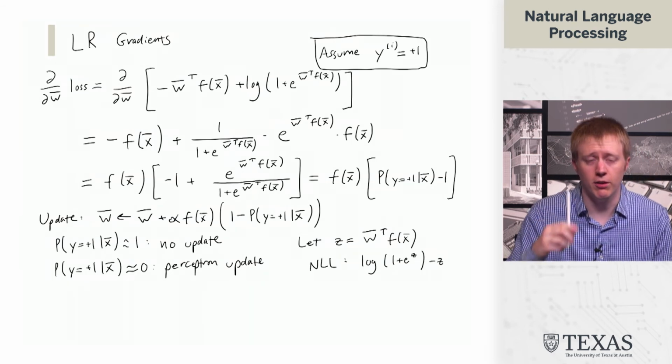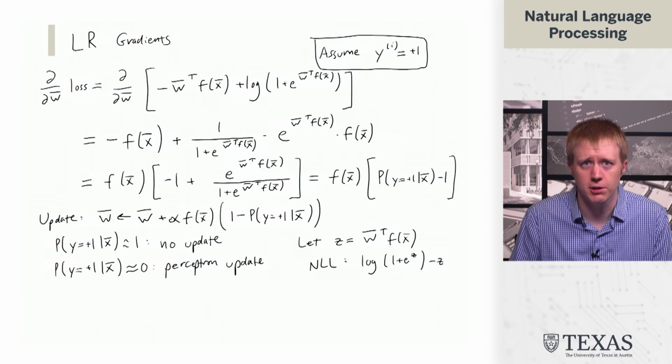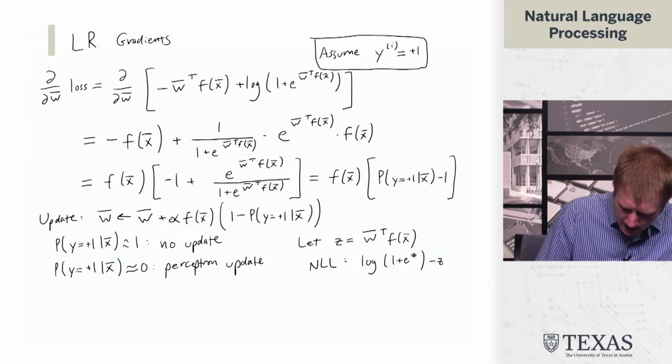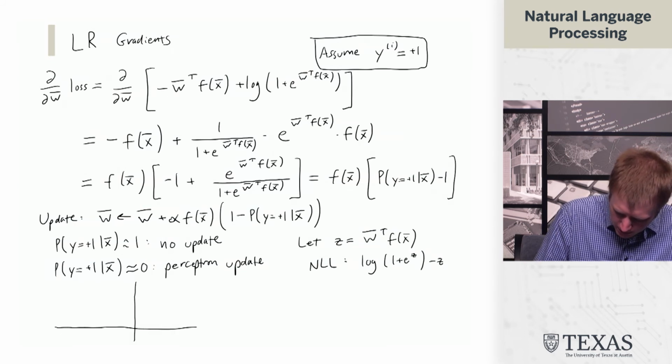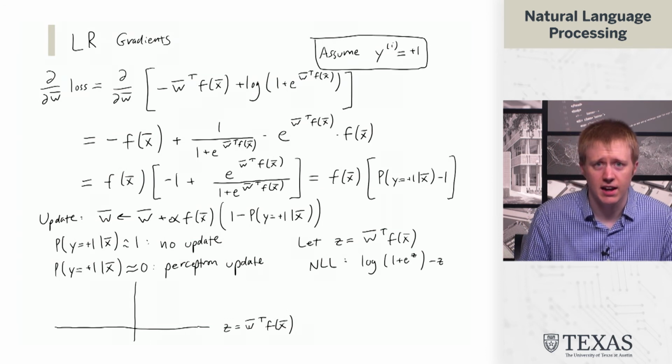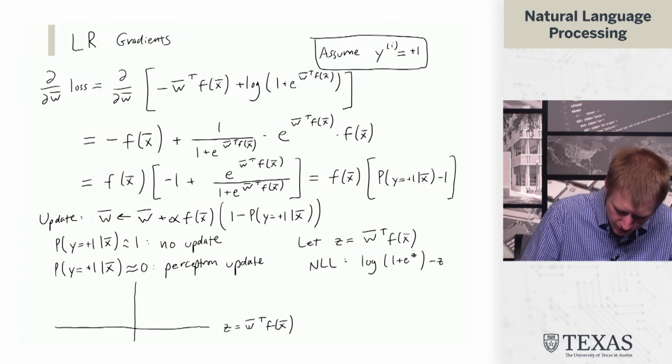And that's just following what's on the top of the slide here before we took the gradient. And what we can do now is plot this quantity z, or w transpose f of x, against the value of the loss.